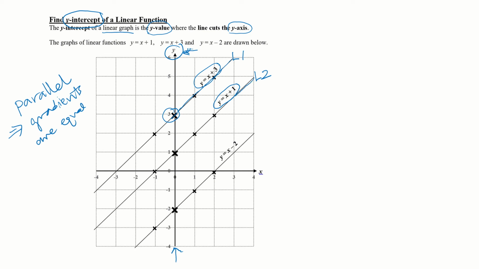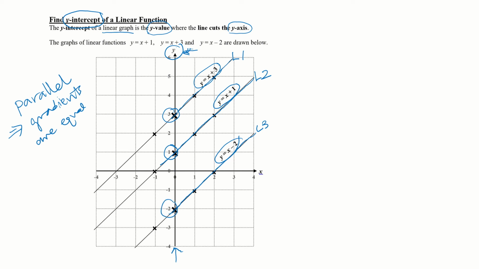Going down, it cuts the y-axis at y value 1. Then L3: the equation is y equals x minus 2. Over here, it cuts the y-axis at negative 2.